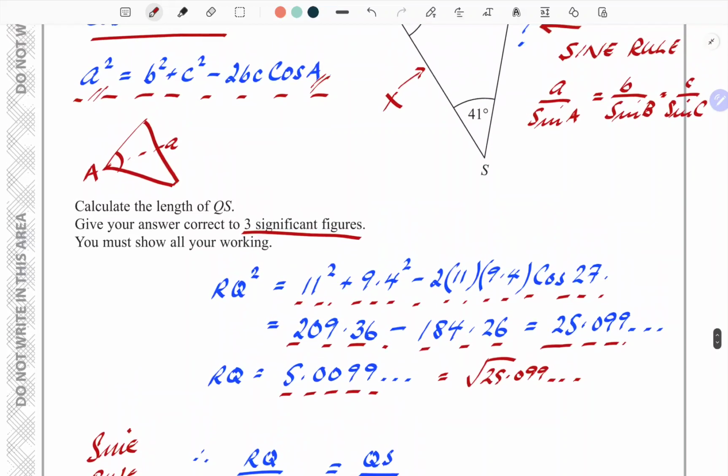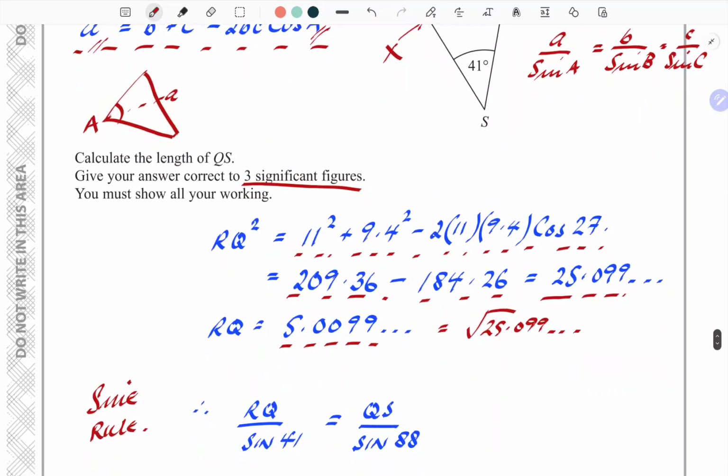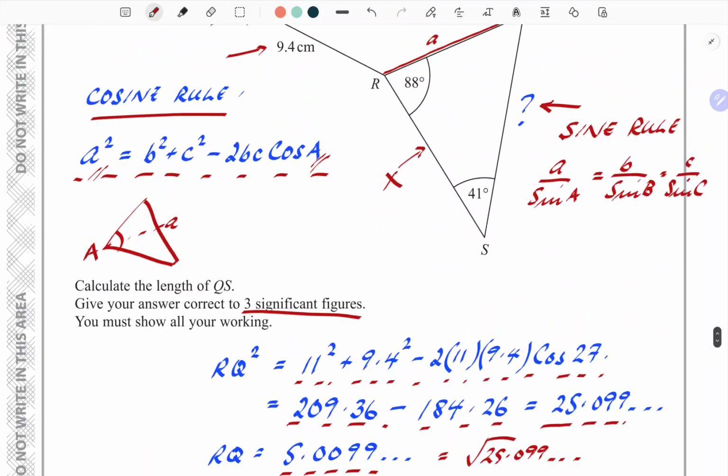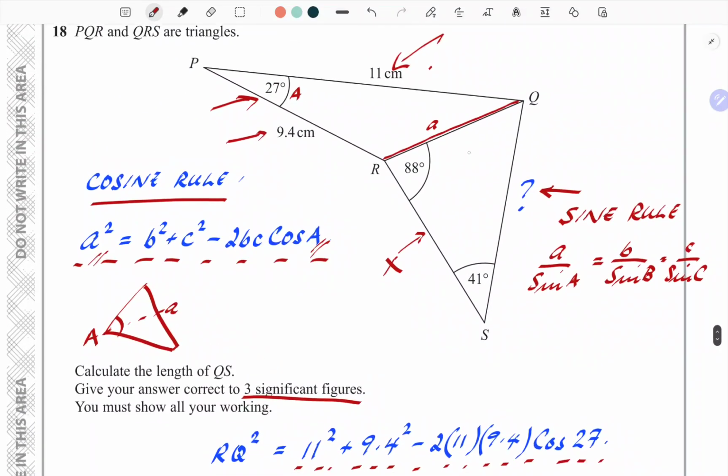Remember with the sine rule, the sine of an angle is directly related to the opposite side. So the ones we're using are going to be the angle 41 and the side we've just found, like that. And we want to find QS there.